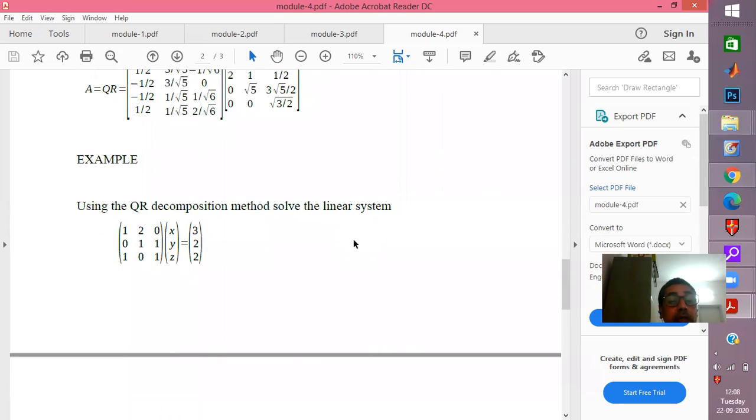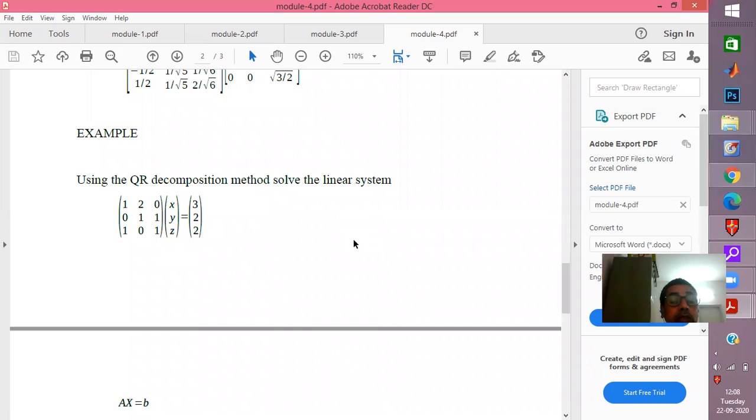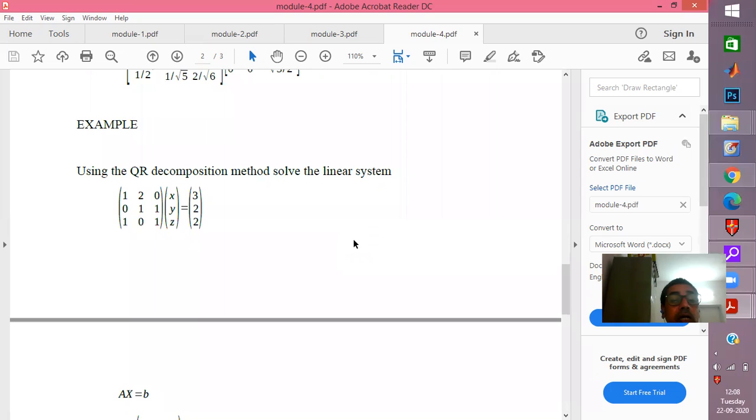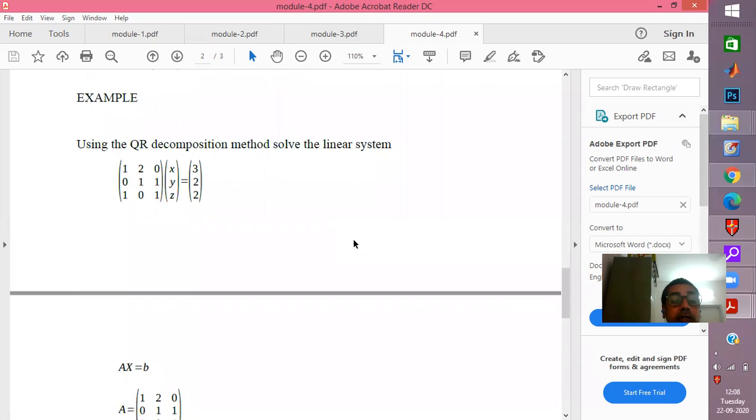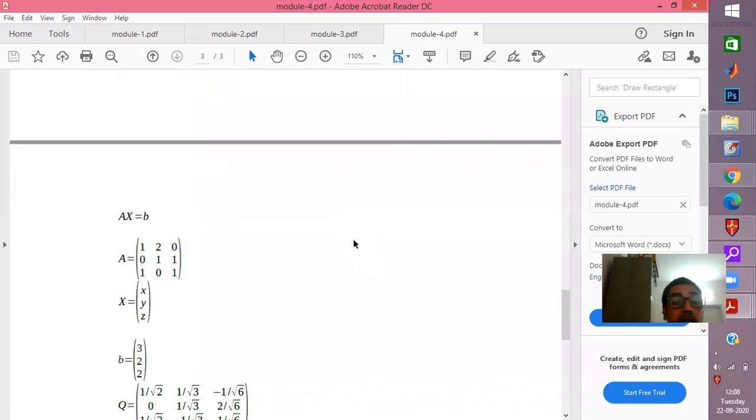The next example is a problem in which we have a system of linear equations, and we would like to find the QR decomposition of this.